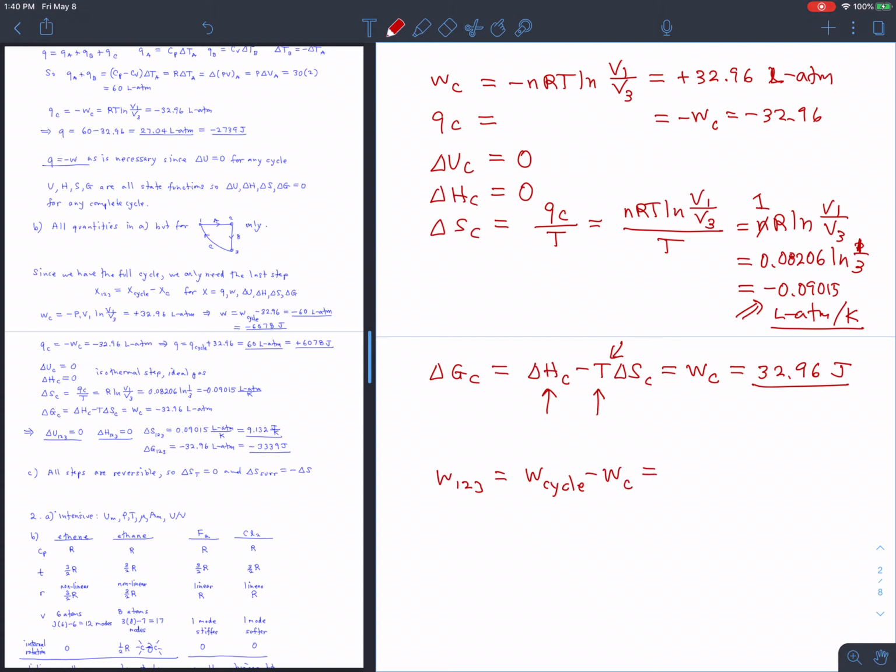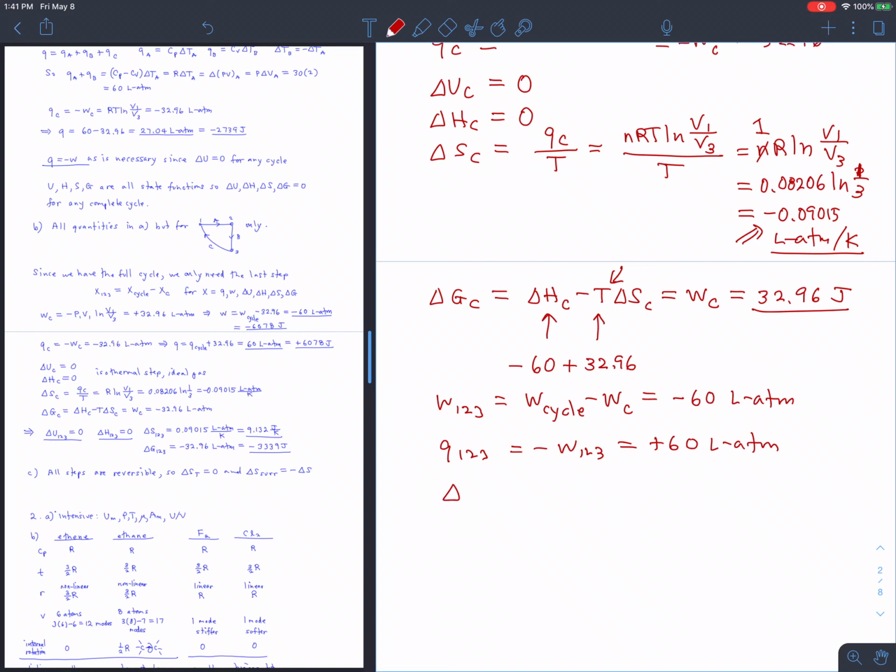W for the cycle was minus 60 plus 32.96. Now we're going to subtract 32.96, so it's just equal to minus 60 liter atmospheres. Q123 is just going to equal minus W123, and that's equal to plus 60 liter atmospheres.